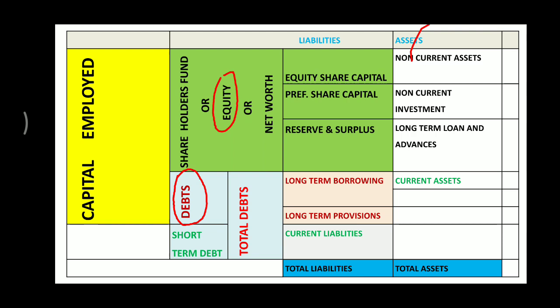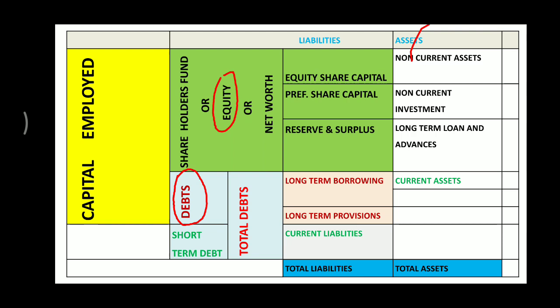So suppose you want to calculate the debts and the figure of total assets is given, so the formula will be total assets, from which you will deduct shareholders fund, you will deduct short term debts, and you will be getting the amount of debts, because total liabilities are always equal to total assets.